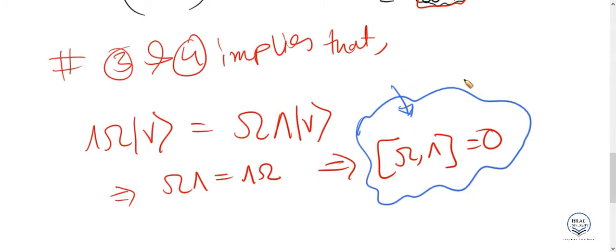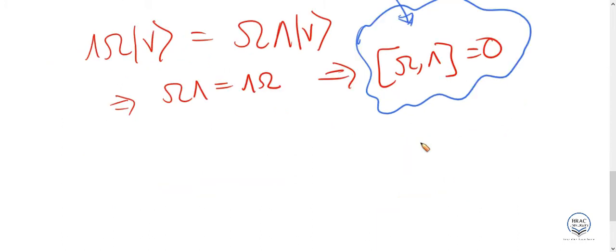So this is the condition that is emerging from requiring that we have some eigenbasis where both of these matrices are diagonalizable, and that gives you the condition for commutativity. So if it didn't commute, it wouldn't be possible to diagonalize them simultaneously.